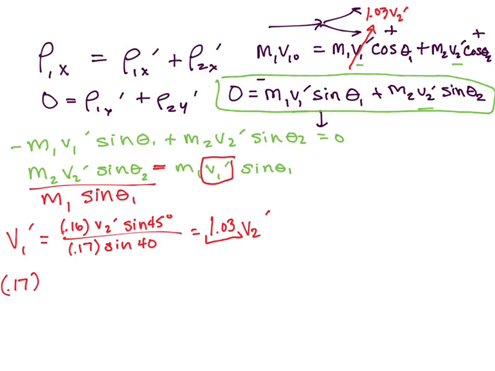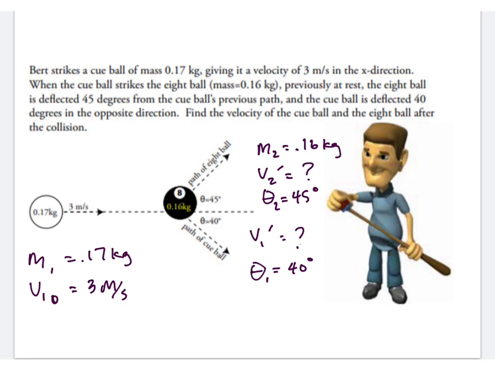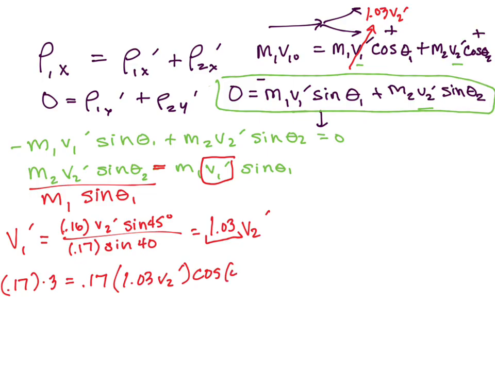So I got 0.17 times 3 equal to M1, 0.17, times V1 final, which we're going to use 1.03 V2 final, cosine of angle 1, which is going to be 40, yes, cosine of 40, plus mass 2, 0.16, V2 final, cosine 45.